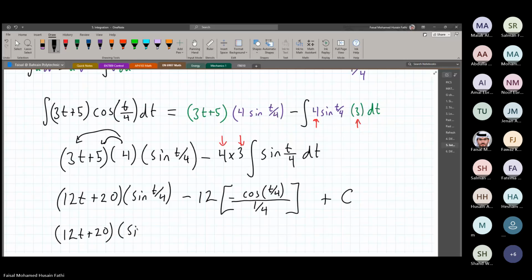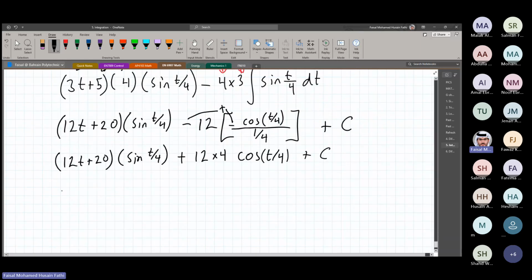sine t over 4 minus and minus. We have two minuses, a minus here and a minus here. They become plus. So plus. The 4, if we take it to the upper side, is going to become 12 times 4. And then cosine t over 4 plus c.